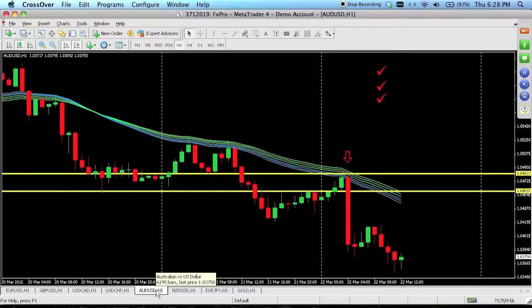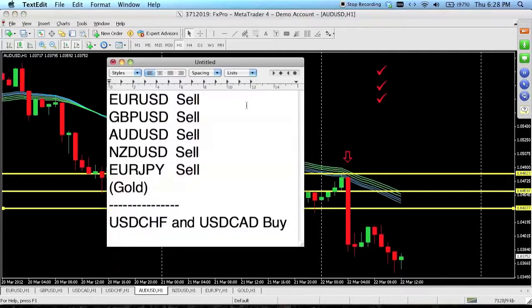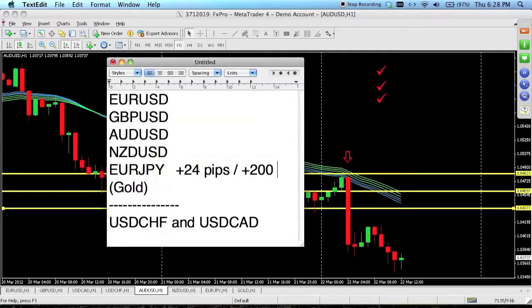You're looking at Aussie dollar only, and you do a 1:1 ratio. The moment Aussie dollar closes, all of these pairs you must close. Always follow the perfect one. But by the time you close all of these pairs, you are no longer standing at 24 pips, but rather at probably 200. Does that make sense to everybody?